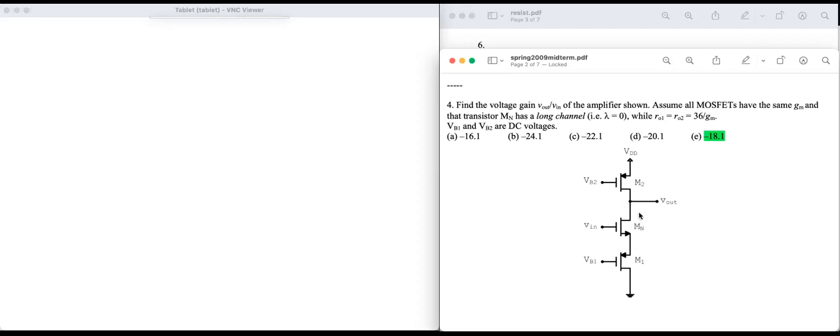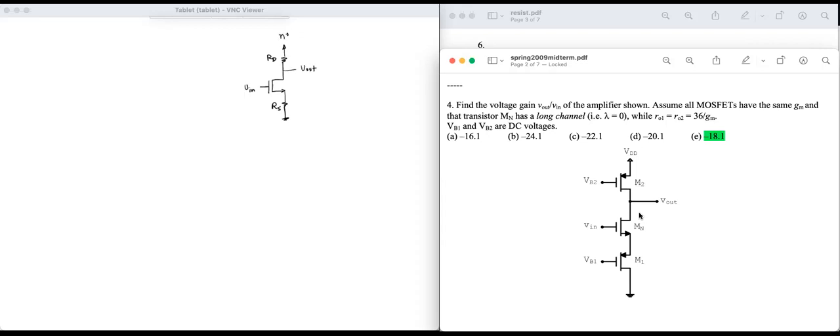So M2 is like an RD, and M1 is like an RS. So this circuit is, in fact, a common source amplifier, except that the resistors are not really simple resistors, they're MOSFETs. So RD and RS are implemented using MOSFETs.